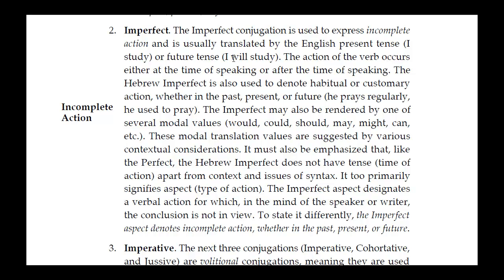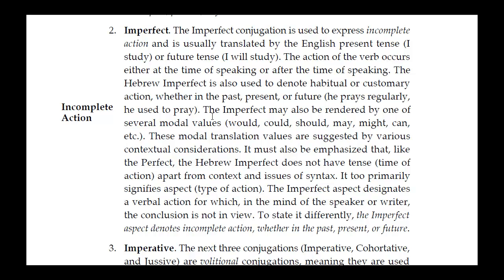It could be imperfect present. It could in English say I study or I will study. It's showing incomplete action, whether it's in present or future. Now, the action of the verb occurs either at the time of speaking or after the time of speaking. And the Hebrew imperfect also can be used to denote habitual or customary action. For example, he prays regularly, or he used to pray. Those are habitual uses of the imperfect.